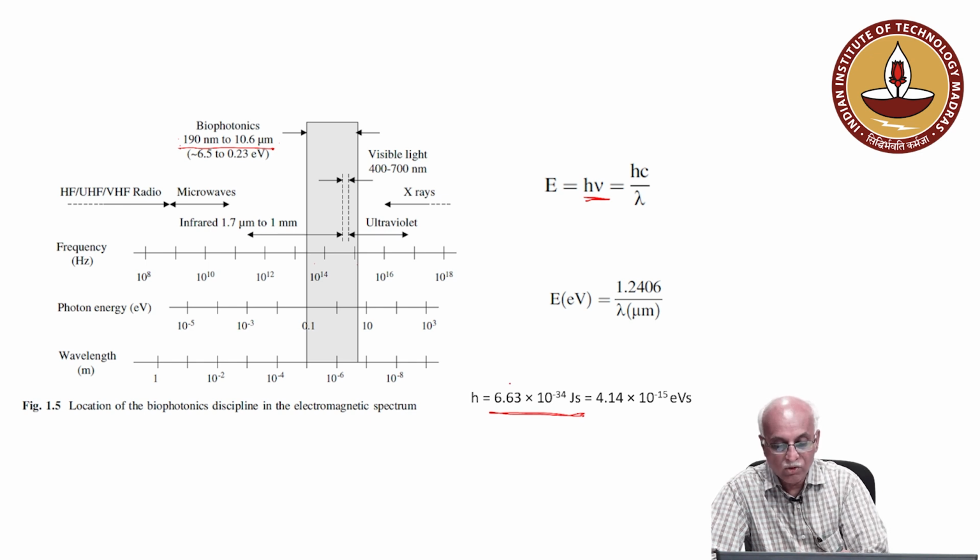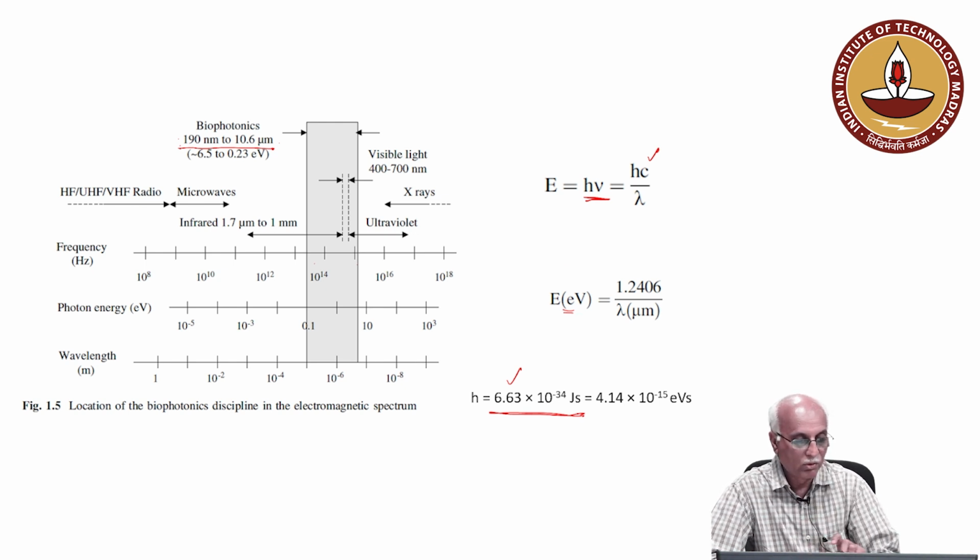h is a constant and c is also constant in free space or vacuum, so that factor turns out to be 1.2406, divided by lambda in micrometer, which gives us the photon energy in electron volt.